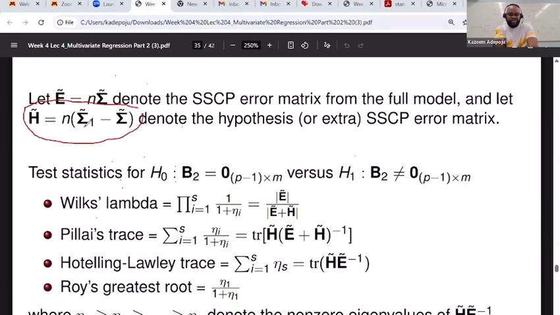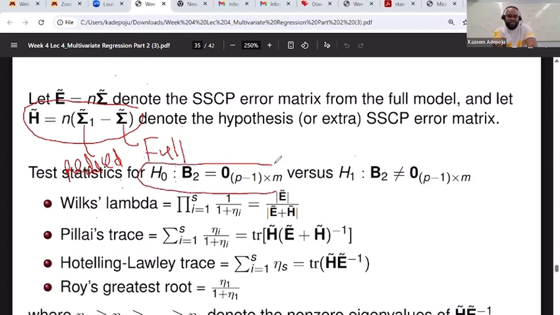Now in the H, this is the covariance structure for the reduced model, and this one is the covariance structure for the full model. So if you want to test between the reduced model and the full model in multivariate linear regression, this is going to be your null hypothesis, and this is going to be your alternative.